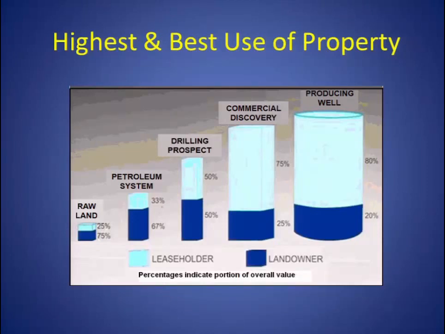Once the oil company has kept putting money into it, kept drilling, made the commercial discovery and getting into the producing well, then we're getting to the point where the landowner gets his royalty, and consequently he has some value from that, and by now, hopefully, that's then the time when the oil company receives back its reward for all the risks it had taken and for the capital it has invested.